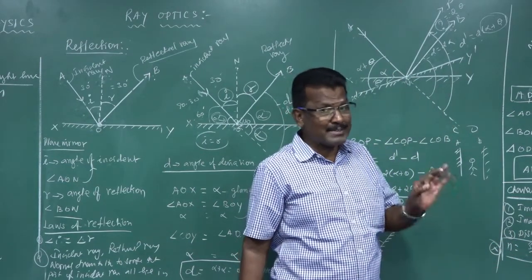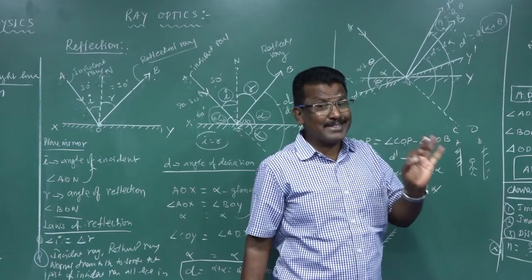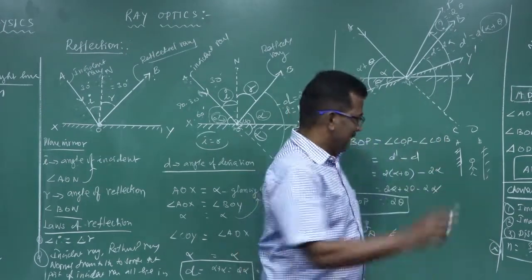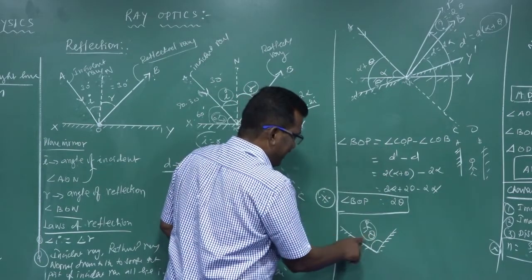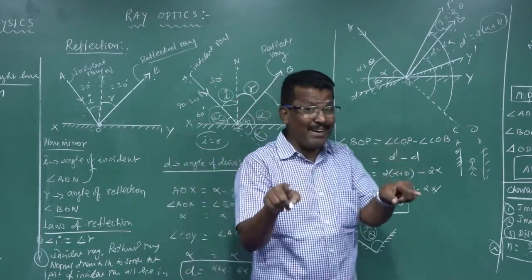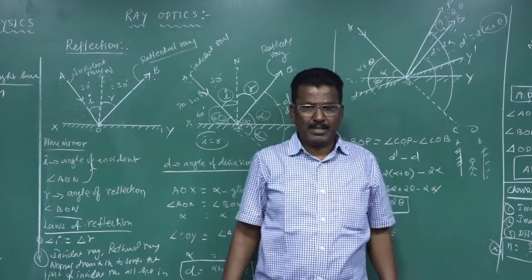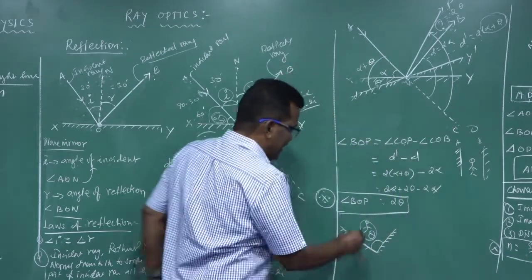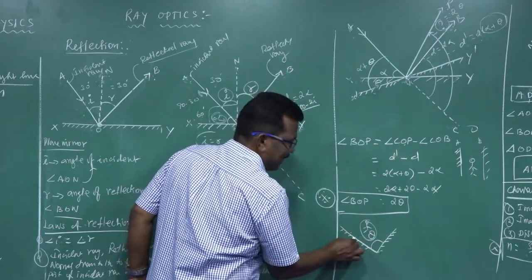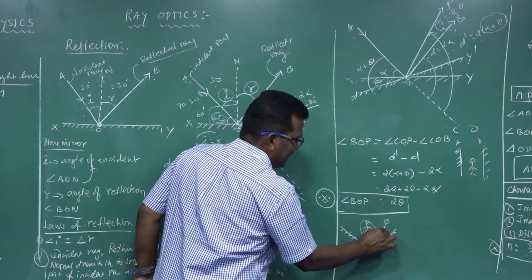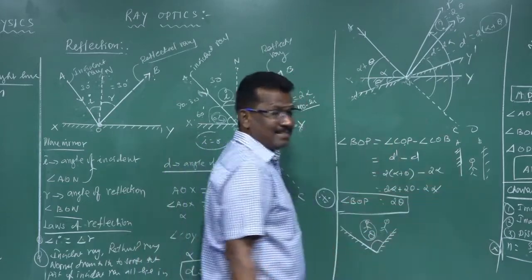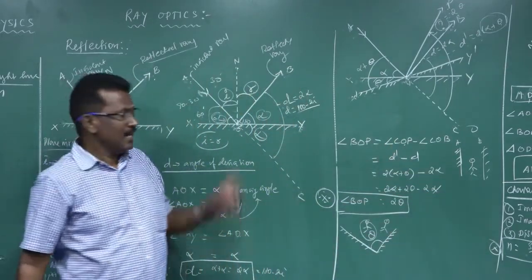But actually it's not the exact value. With 360 by theta, there is another condition: whether the object is placed symmetrically or non-symmetrically between the mirrors. The object is placed exactly symmetrical, but if the object is placed on the side of any one of the mirrors, it is non-symmetrical.